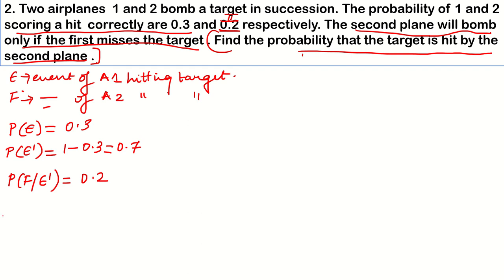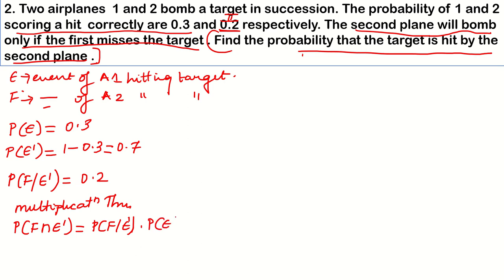So here you can use the multiplication theorem. Using the multiplication theorem, P of F intersection E dash, the probability of the second aeroplane hitting the target given that the first has missed the target, will be probability of F given E dash into probability of E dash.